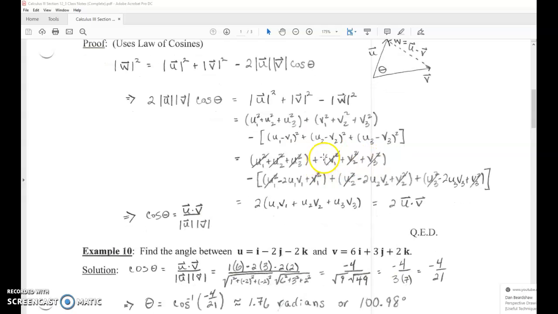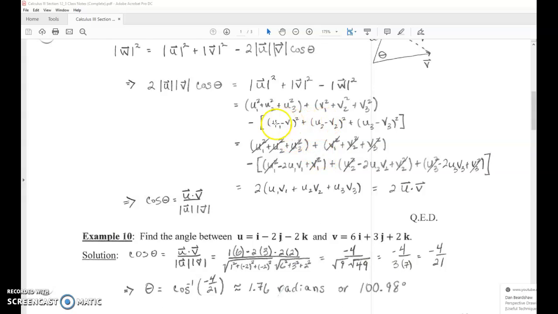Okay, I can simplify this greatly by FOILing each one of these, right? So u1 minus v1 times u1 minus v1 is u1 squared minus 2 u1 v1 plus v1 squared. Same for this guy, same for this guy down here. And you can see all of these squared terms cancel out. What I'm left with is minus a minus 2 u1 v1, so that's that guy, minus a minus 2 u2 v2, so that's that guy, and minus a minus 2 u3 v3, so that's that guy.